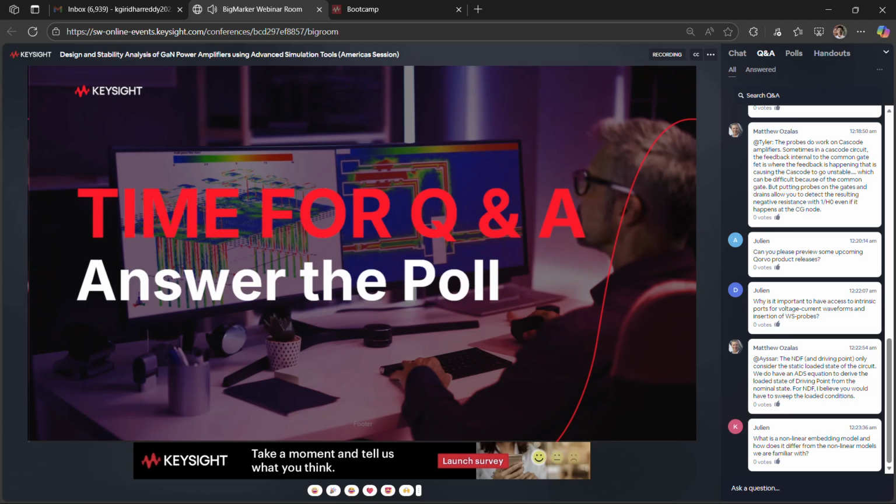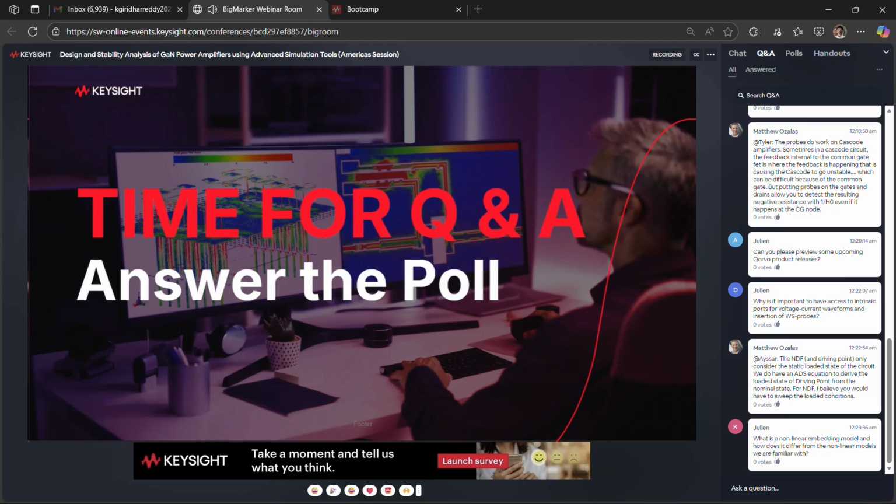And so providing access to the intrinsic waveforms is really kind of critical, because something like class F, which is, from a waveform point of view, a squared off voltage waveform and a half rectified current waveform, that really is only achieved properly at the intrinsic ports. And so providing access to those intrinsic ports allows that.